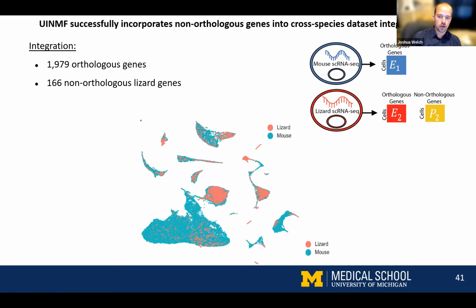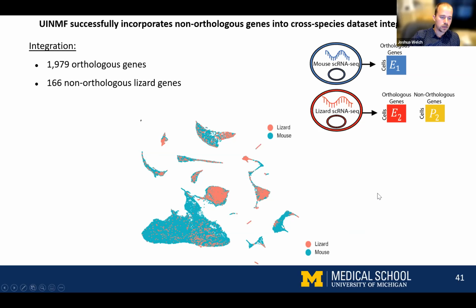So for our UINMF analysis, we used 1,979 orthologous genes that have exact one-to-one orthologs. And then we also did variable gene selection in the lizard to identify 166 non-orthologous lizard genes that were important. And this is the UMAP that resulted from the UINMF analysis of the lizard and mouse.